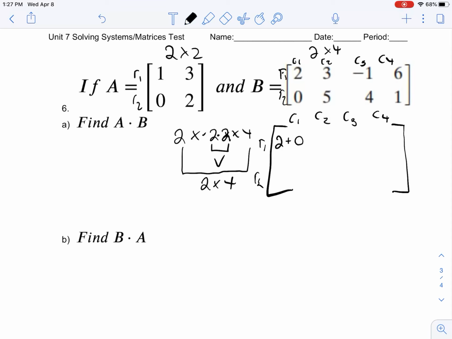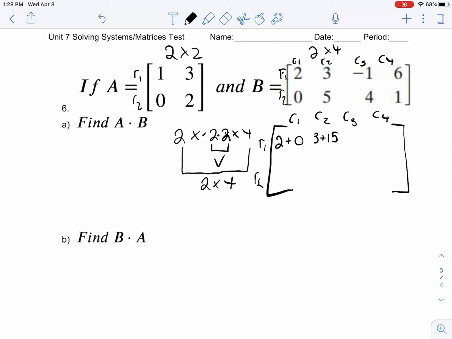We do the same thing with this next one. We're taking column 2 and row 1. So you're going to take row 1 times column 2. So 1 times 3 is 3, and 3 times 5 is 15.